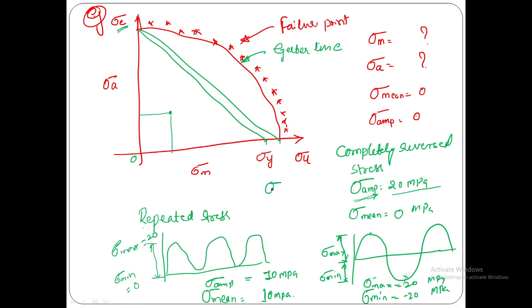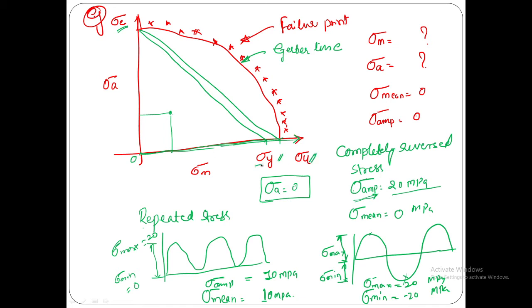Suppose the component is subjected to a case where the variable stress is 0, then it is a consideration of static failure. Look here, this is about sigma amplitude equal to 0, so it is going to fall in the category of sigma mean only. Then you can design the component either in consideration of sigma y or of sigma u.